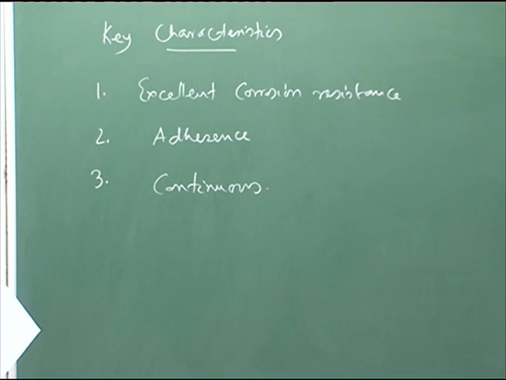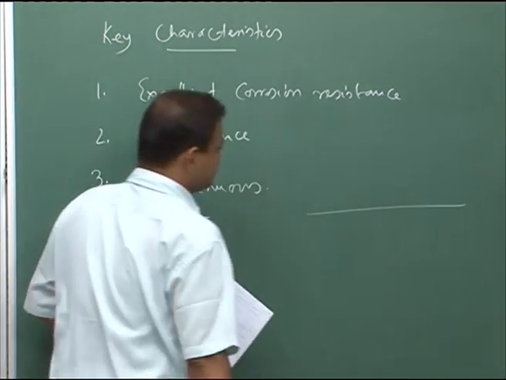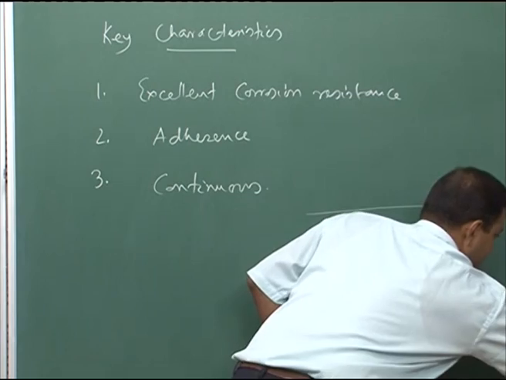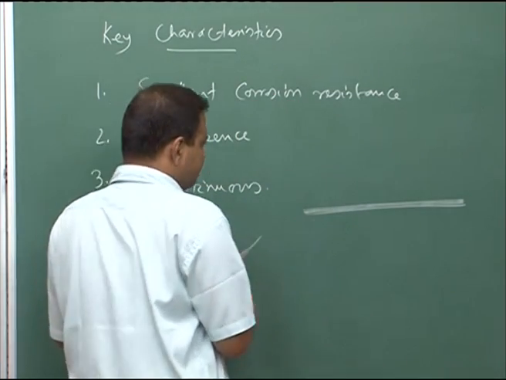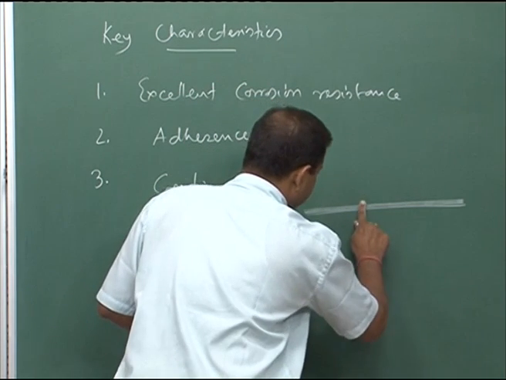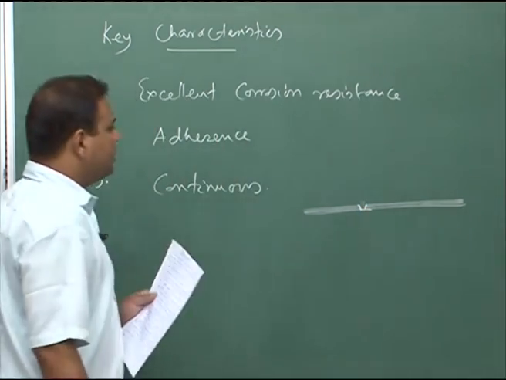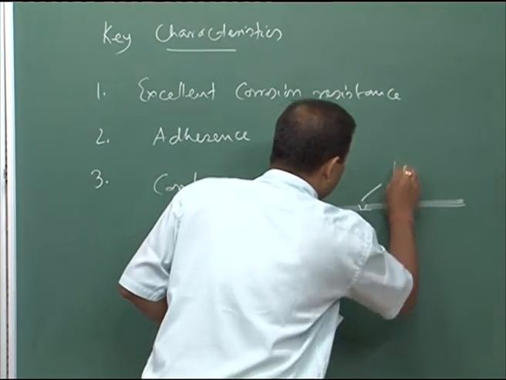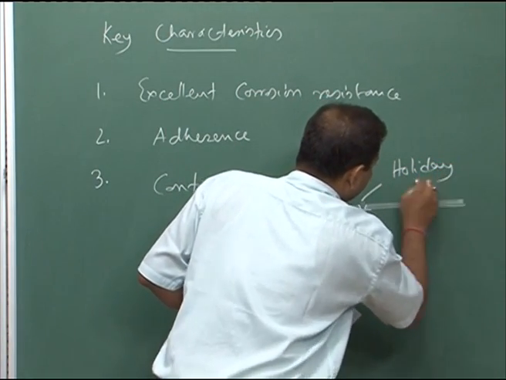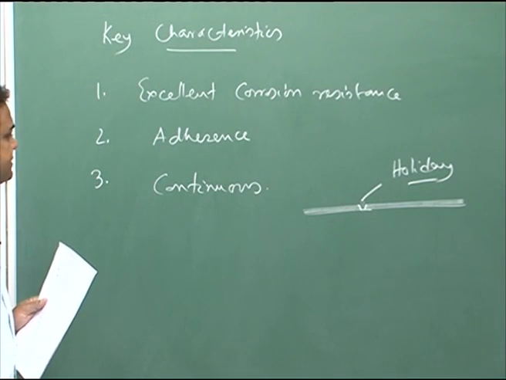In case it is discontinuous, for example, in case of paint, let us say this surface is painted and this is the paint zone, and by chance on the paint zone there is one small discontinuity, that discontinuity is called a holiday, also called a holiday defect in a painted surface.